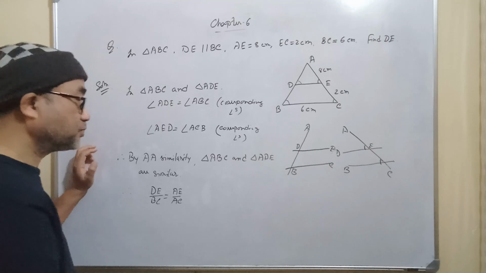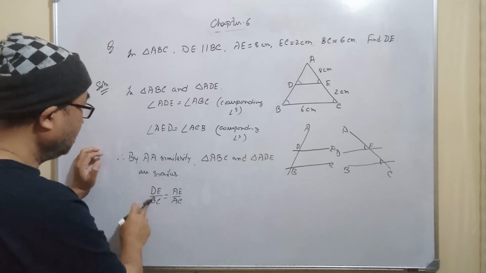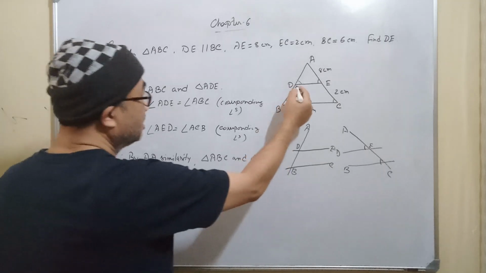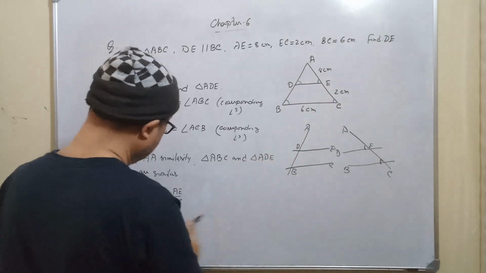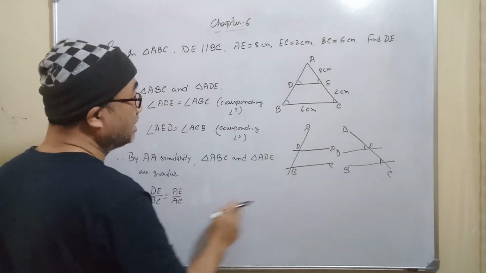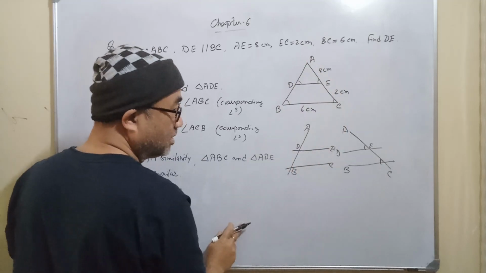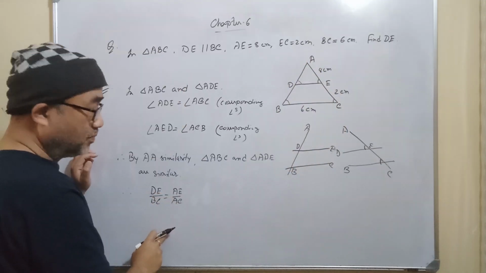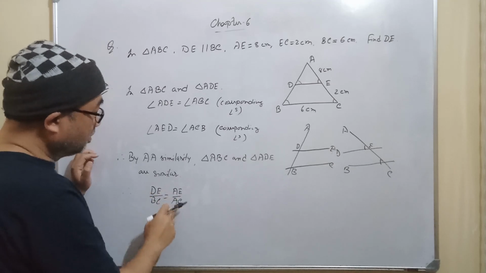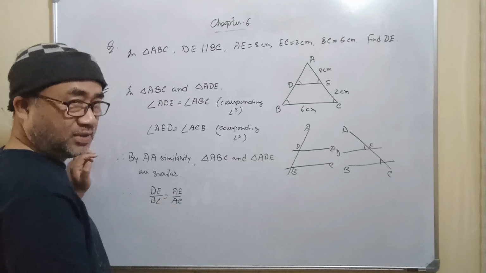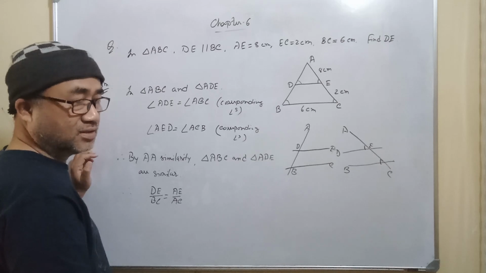Why are they equal? Because they are corresponding sides of similar triangles, right?